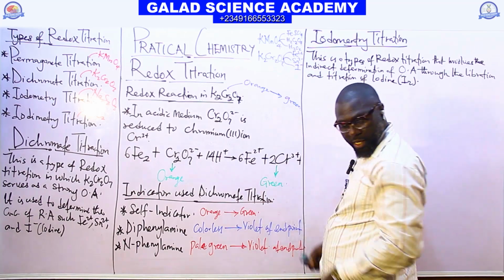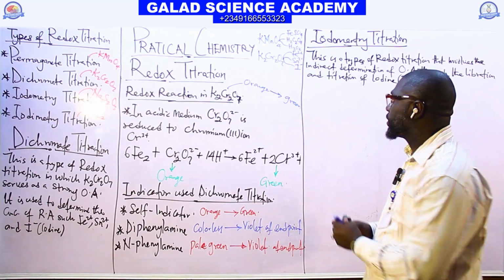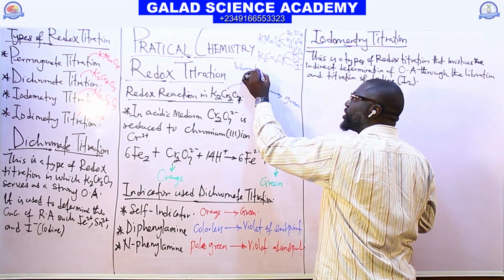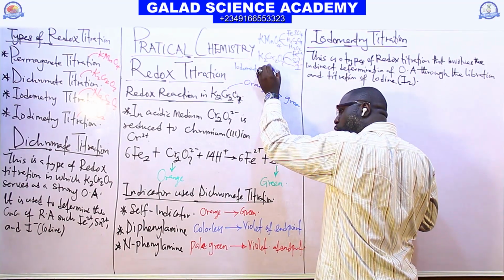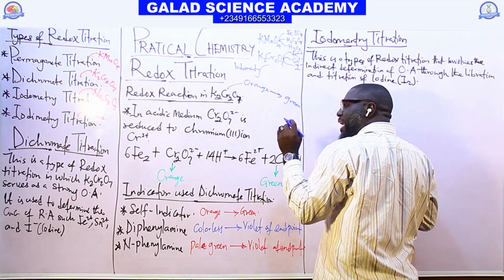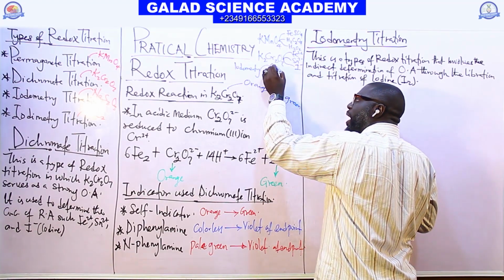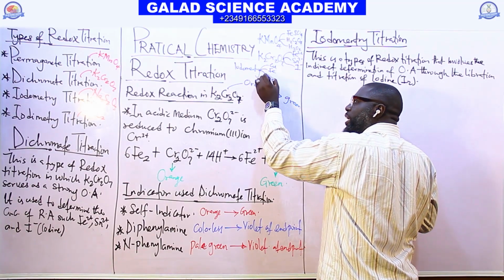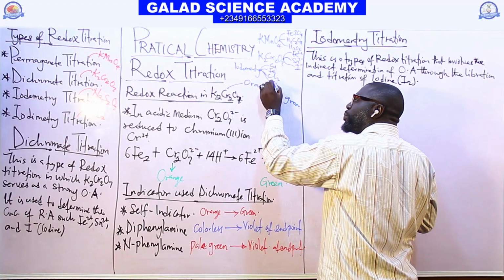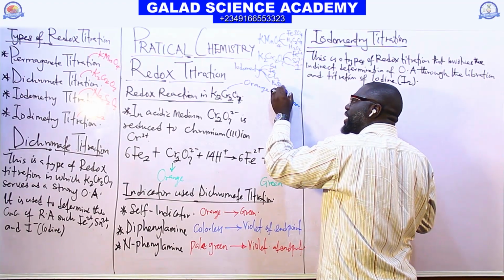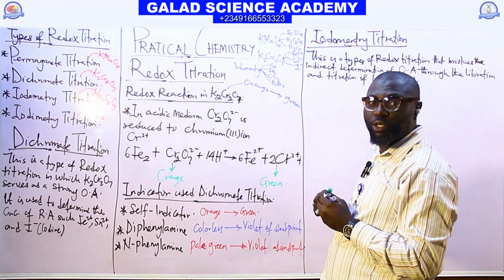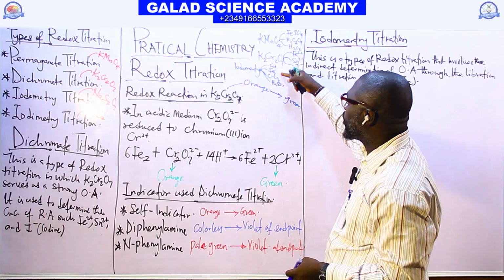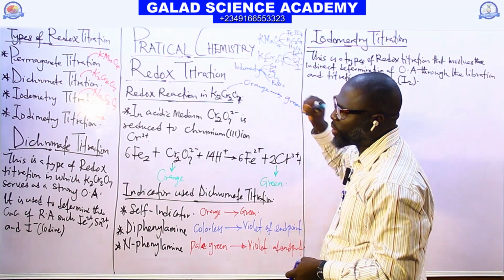Iodometric titration can also be used to determine the concentration of copper, iron, chlorine, and peroxide.